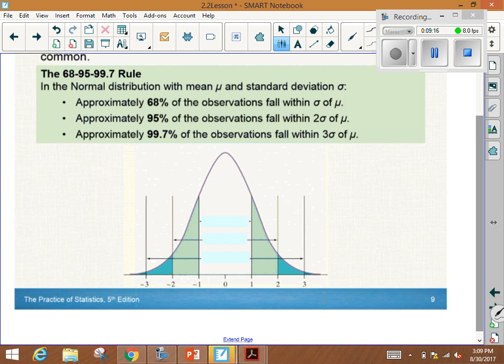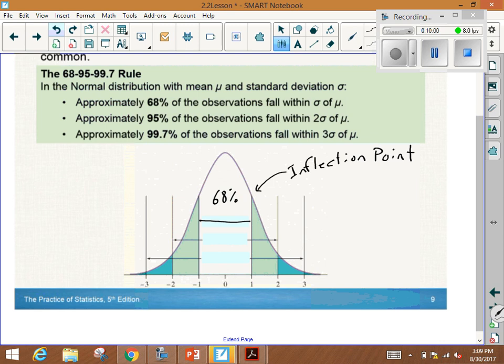So if we assume a mean value here at 0, and also notice, this right here is technically our first inflection point. And so in between here, this is one standard deviation. This is 68% of the data within that range.